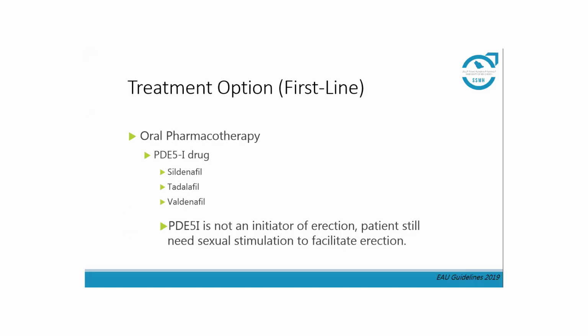And it's very important when you give these medications to the patient that they understand that PDE5 inhibitor is not an initiator of erection. Patient will still need to have a sexual stimulation. We have some patients that will take their medication and they go sit and watch TV waiting for the erection to happen. It will never happen. They will need to have a sexual stimulation for this medication to work.